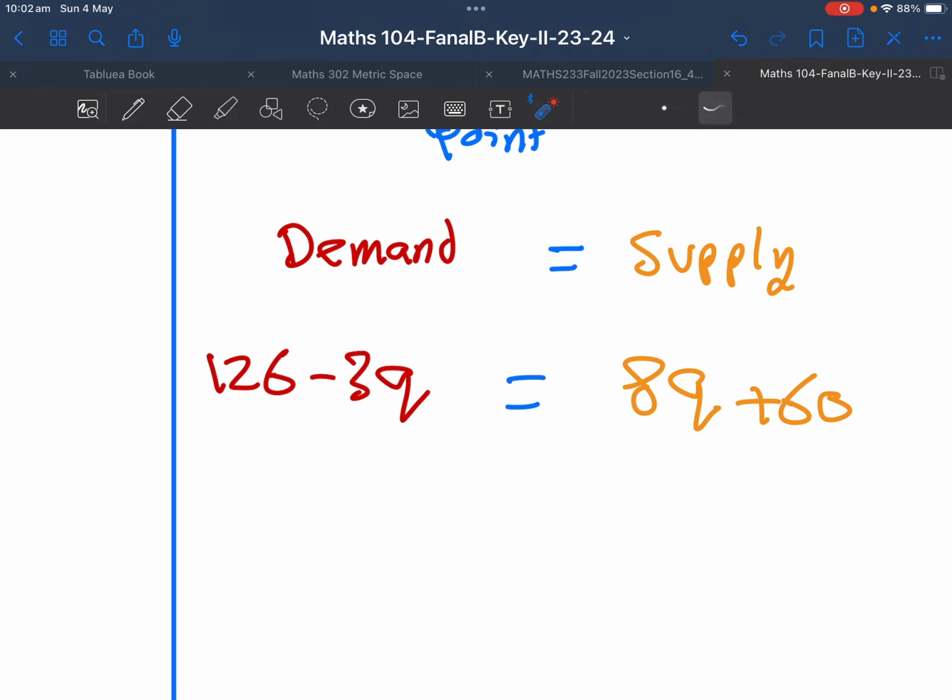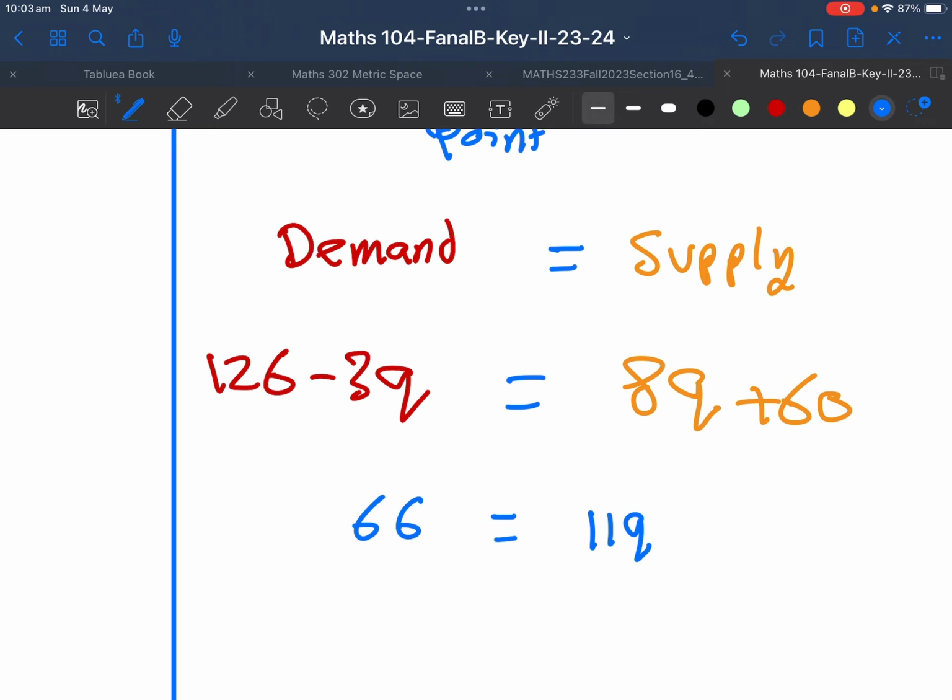Let's go back here. What we need to do is bring the Q together. So we get 8 plus 3, which will be 11Q on this side. And here, if we take the 60 to the left, it will be 126 minus 60, and that will be just 66.